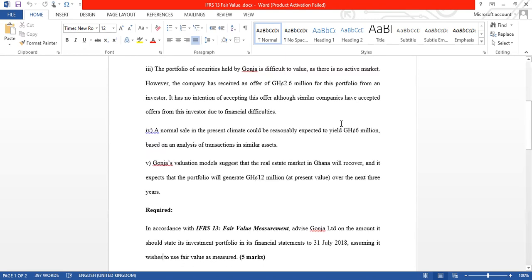You are required, and it's 5 marks, in accordance with IFRS 13 Fair Value Measurement, to advise Gonja on the amount at which it should state its investment portfolio in its financial statements at 31st July 2018, assuming it wishes to use the fair value method, fair value as measured.